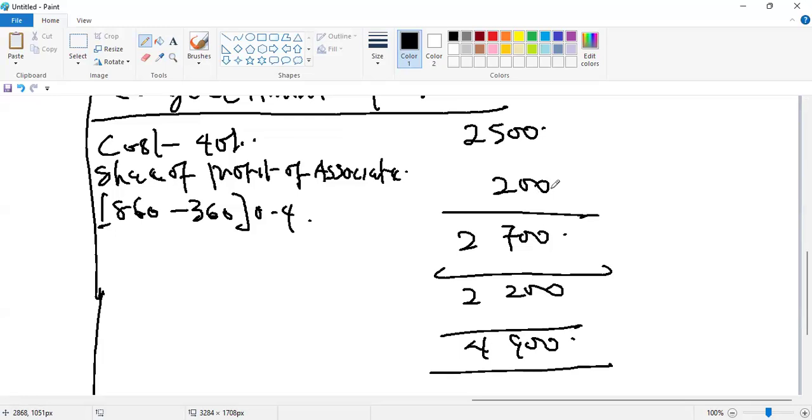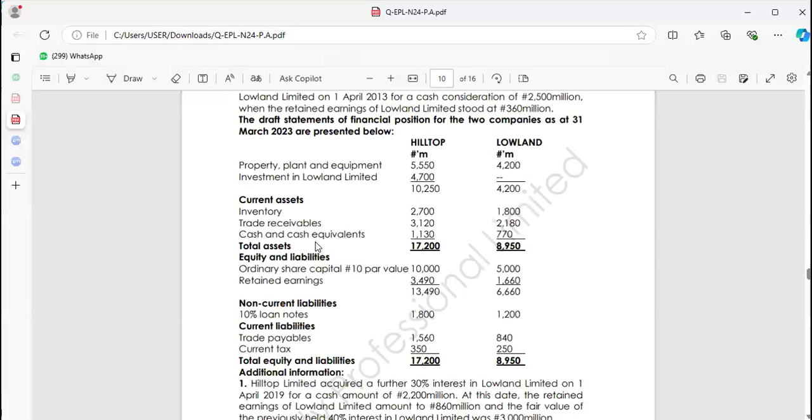Sometimes they will carry it at cost, sometimes they will carry it at carrying amount. What I'm saying is this. Let me go and share so that you understand. Do we need to post the 200, the share? Look at this. We have 47. He said 49. Some questions will carry it at carrying amount 49, meaning you don't need to share that 200.